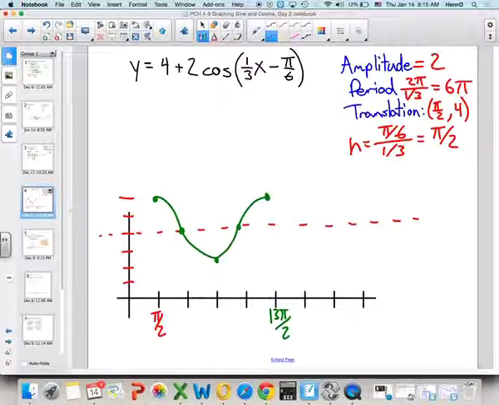But if you think about it, if it's 6 pi and I need to go up 4 steps, it's going to be 1.5 pi per step. So this will be 2 pi. This will be 3.5 pi. This will be 5 pi. And then this is 6.5 pi.